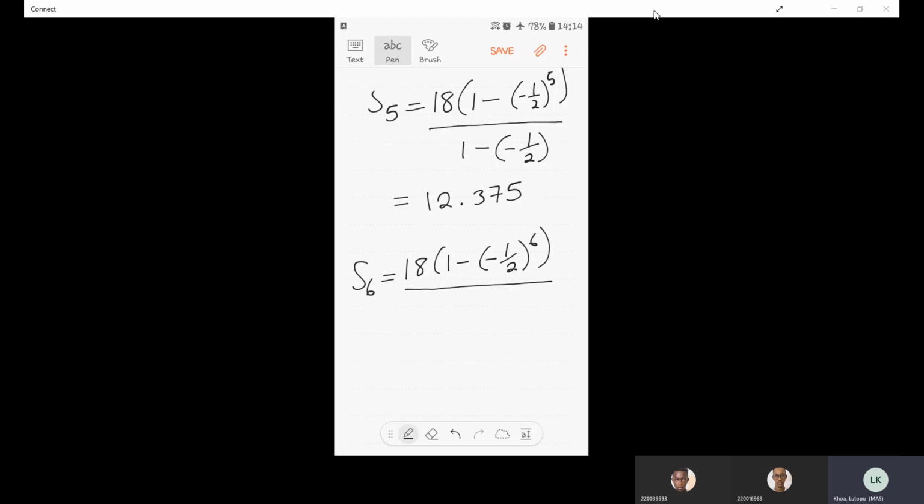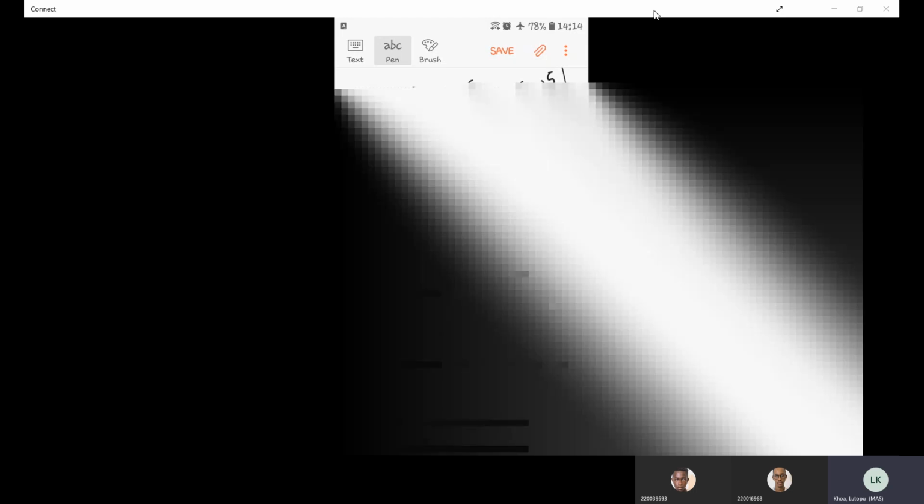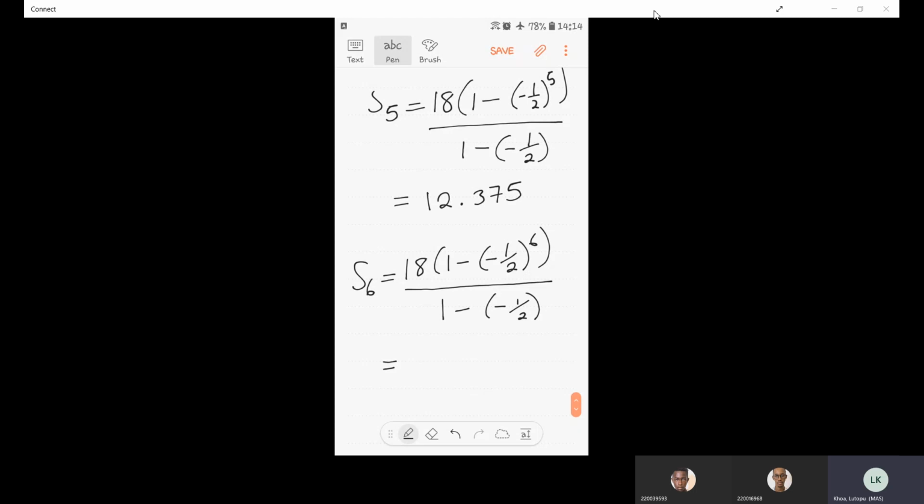Then I divide this by 1 minus -1/2. Again, you do this on your calculator. I got 11.8125.